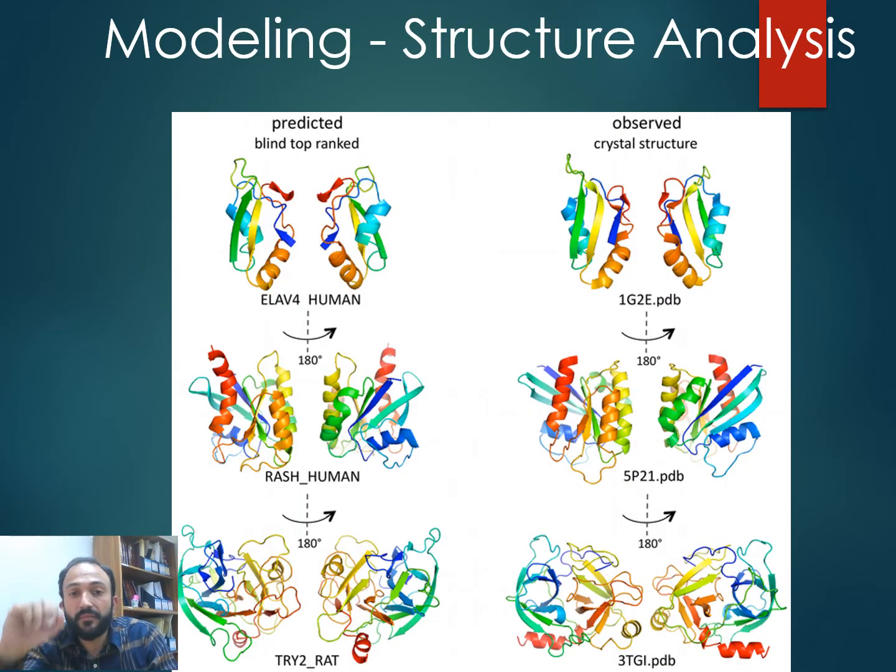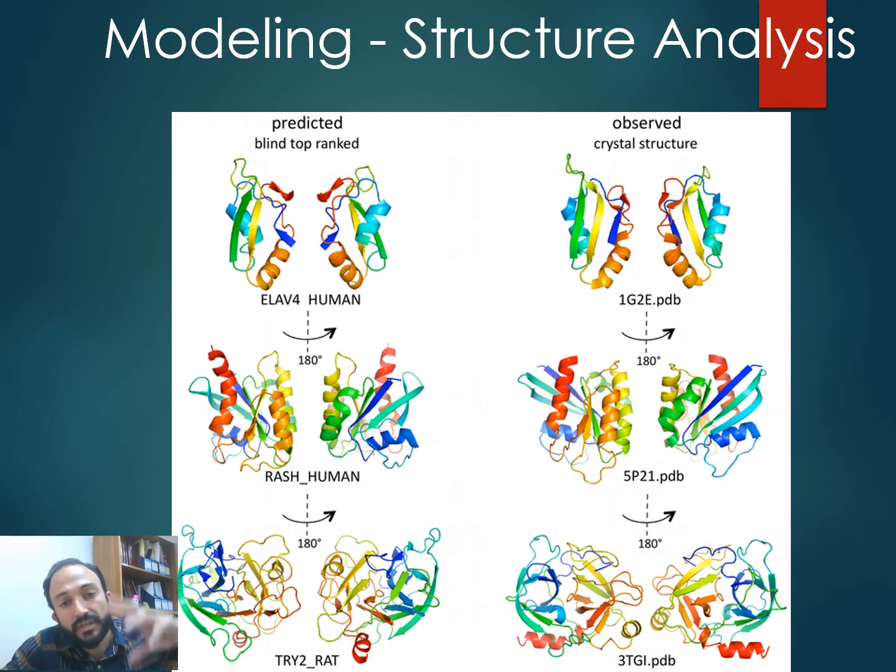Another aspect, which is very common in protein biology, you can call it proteomics or protein structure analysis. Here we try to look for the prediction of some gene. For instance, if we have a known structure and we want to identify the structure of an unknown sequence we have, then we have to predict that.